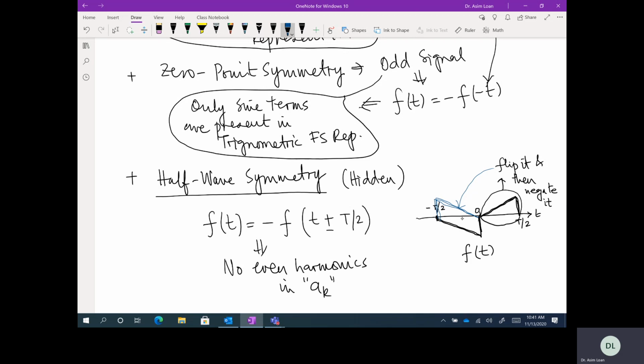If this is like this, you flip it, and then I think this is not right. I'm sorry. When you flip it, this would be like this, right?